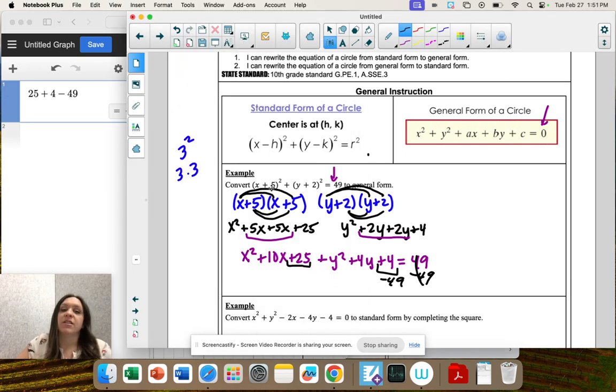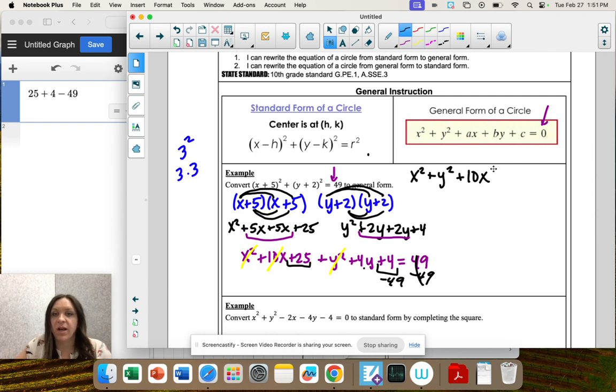But let's do general form. X squared first. So x squared. And when I've used it, I'm going to cross it off. Y squared. Okay, I used the y squared. Now I want the x term. So the number with just x by it. 10x. All right, now I want just the term with y next to it.